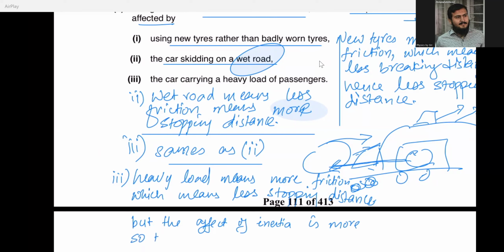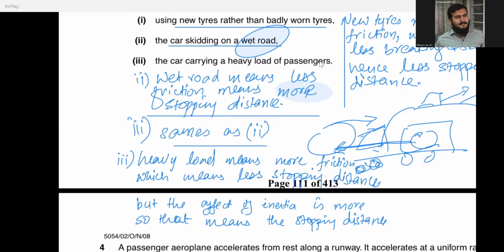So that means stopping distance would be more. ये दो बातें कॉन्ट्राडिक्ट होती हुई लग रही हैं, बट ये डिफरेंट है दोनों बातें। बात समझ आ रही है? Okay, I have another question.